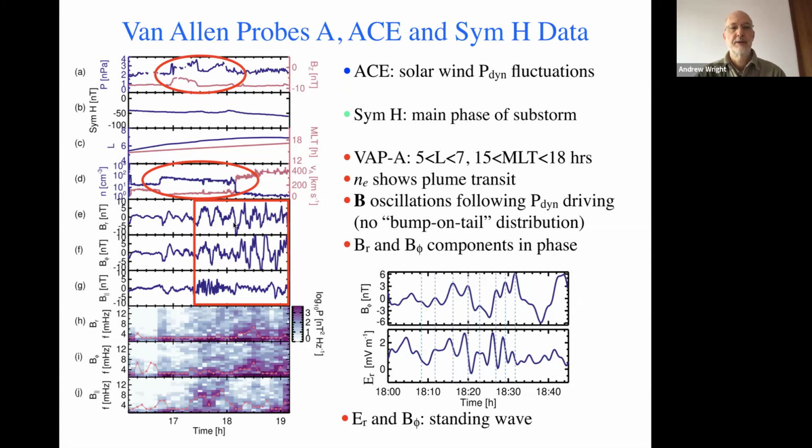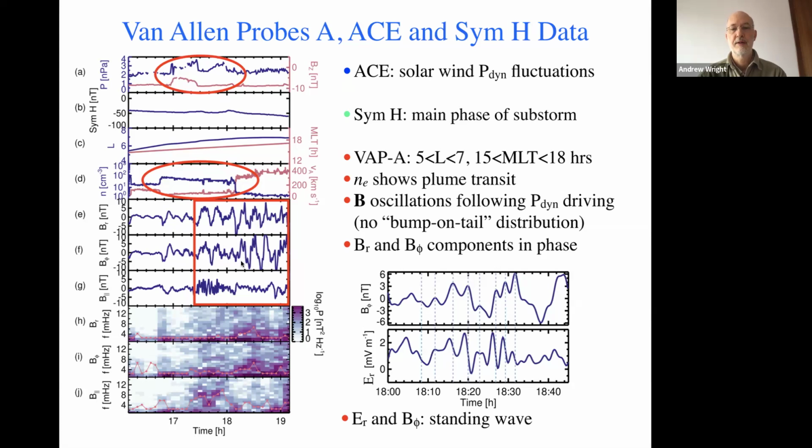The reason being that there's dynamic pressure fluctuations in the solar wind, there's compressional wave activity here. The other way of driving Alfven waves would be with a bump on tail distribution. These tend to excite very high-m poloidal waves. There's no evidence of a bump on tail, and also poloidal waves wouldn't have a significant azimuthal magnetic field, which these waves do.